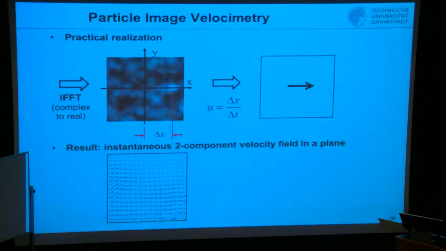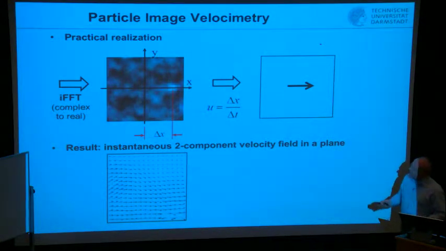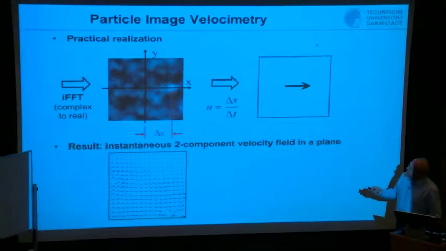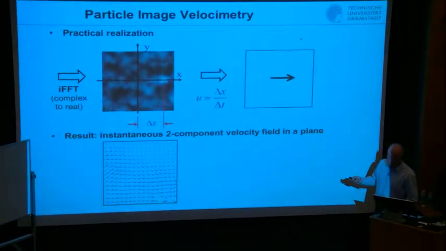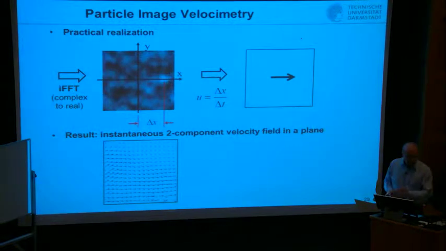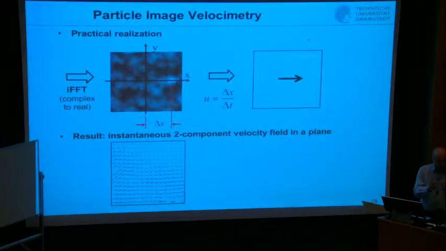And based on that value, you have an estimate of the average velocity in that interrogation volume. You have to be careful about the resolution. If you would restrict yourself only to the discretization given by these pixels, you would have so-called pixel locking.